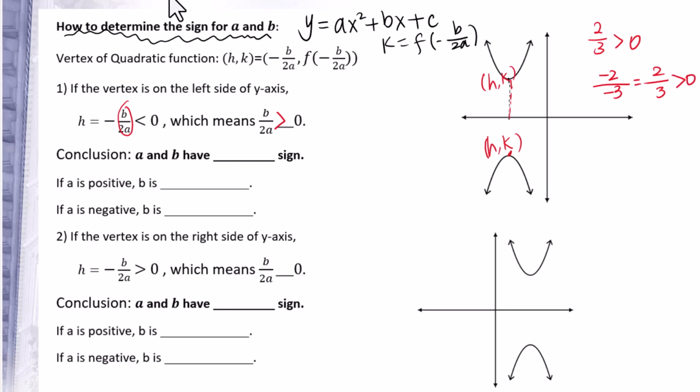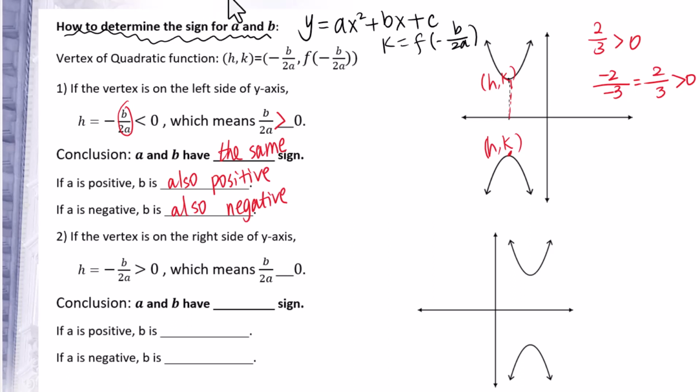In other words, a and b have the same sign. Both are positive or both are negative. If a is positive, then b is also positive. If a is negative, b is also negative.